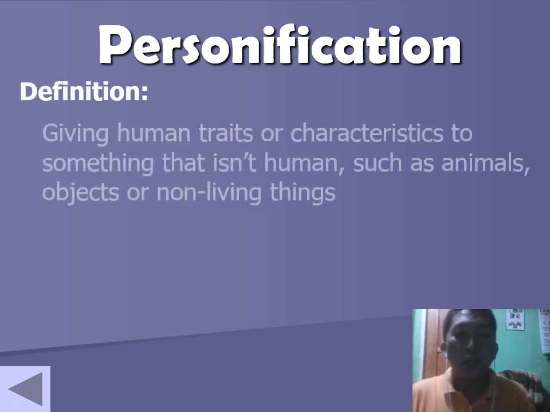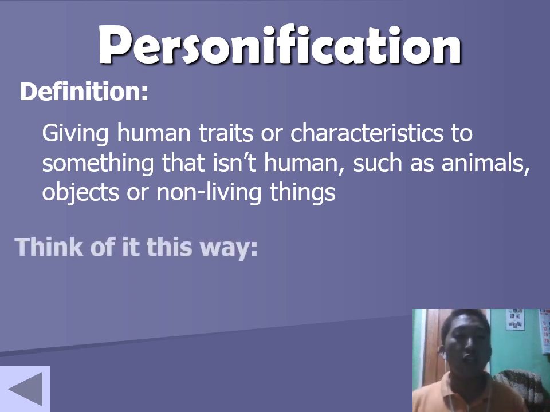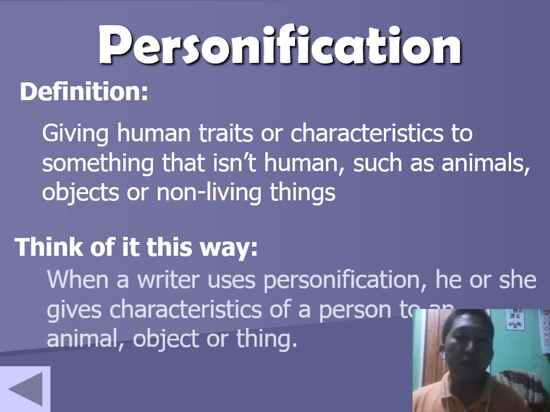Next is personification, giving human traits or characteristics to something that is not human, such as animals, objects, or non-living things. Think of it this way. When a writer uses personification, he or she gives characteristics of a person to an animal, object, or thing.